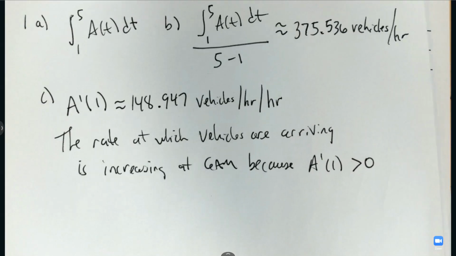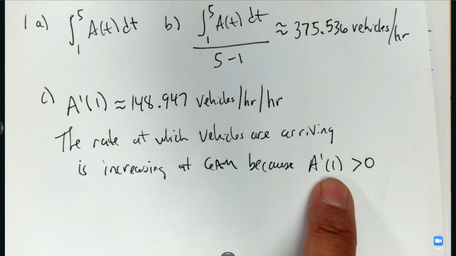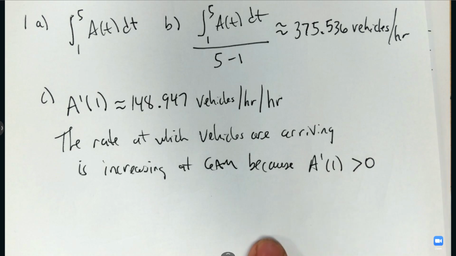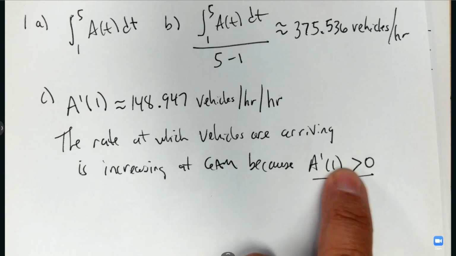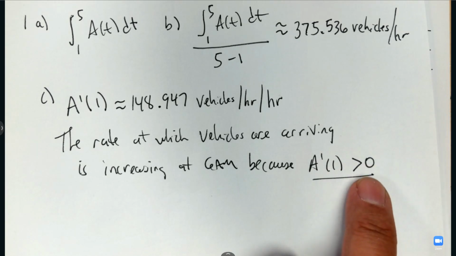You could write it in different ways, but we know the derivative is positive or greater than 0. This is the reason we said the word increasing compared to decreasing. You could write down A prime at 1 is positive, and that would be the same great answer.